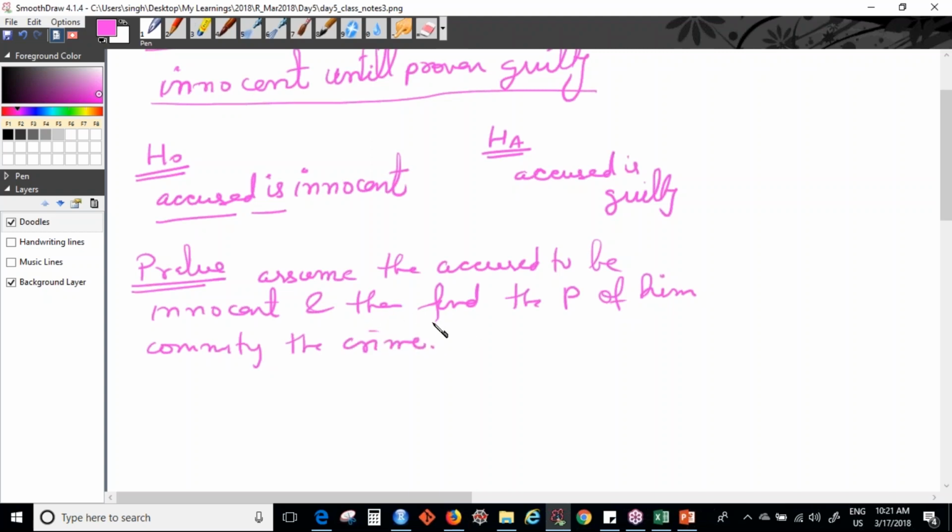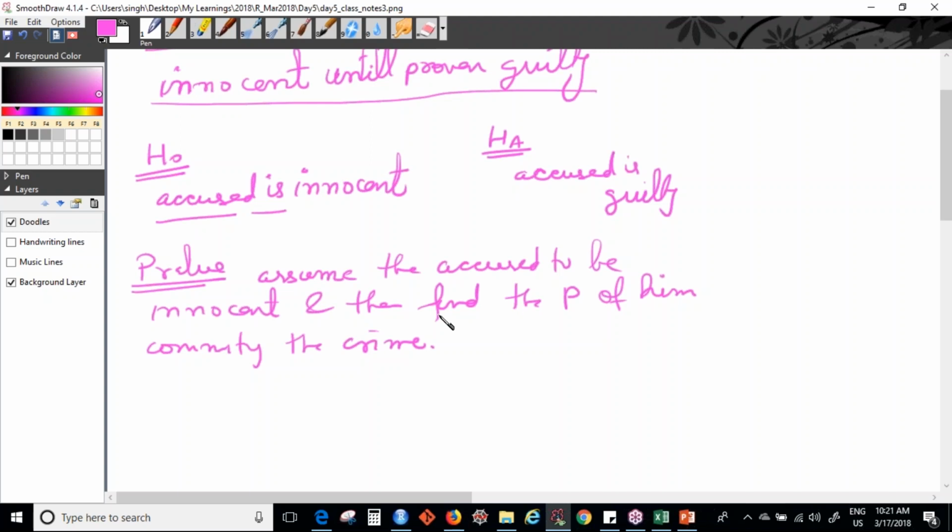So assuming him to be innocent, let's say somebody is accused of a murder. We will assume that that guy is innocent, and then we will find that, if he is innocent, what is the probability of his being at the crime scene? What is the probability of the evidence against him? So let's say his hands were covered in blood.